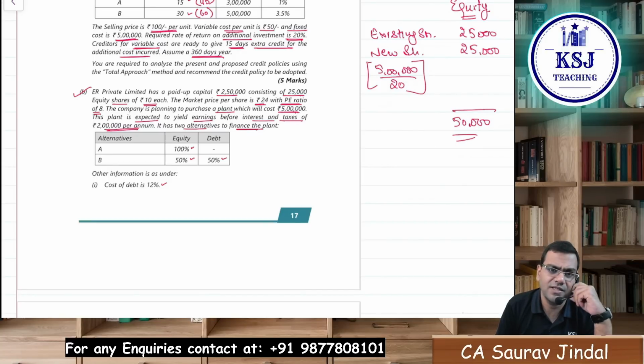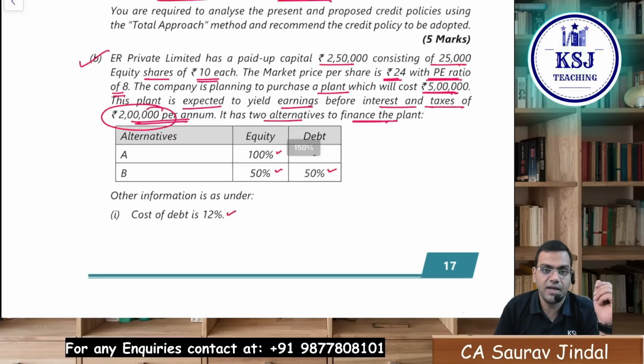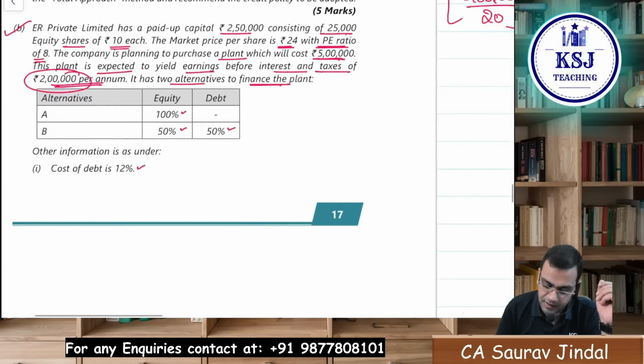Sir, why do we need existing EBIT? If you are going to take the new existing shares, you will need the existing EBIT. The EBIT we have, 2 lakh rupees, is from the new plant only, sir. The existing EBIT we are not having. Sir, how we can calculate the existing EBIT? We can calculate. How?